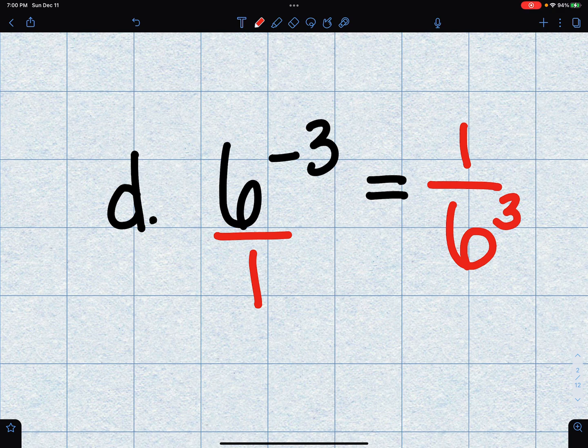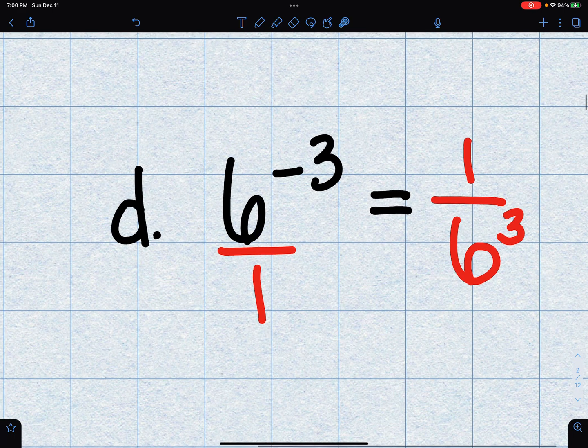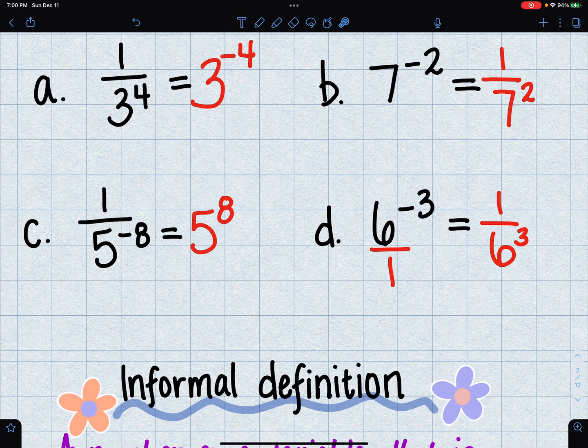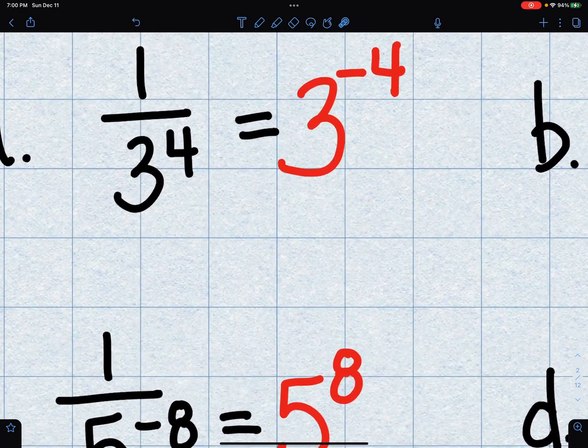So basically what we do is we are moving the base from the numerator to the denominator, or the denominator to the numerator, and then we are changing the sign of the exponent, and it will be exactly the same thing.